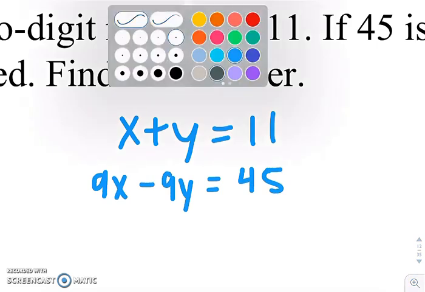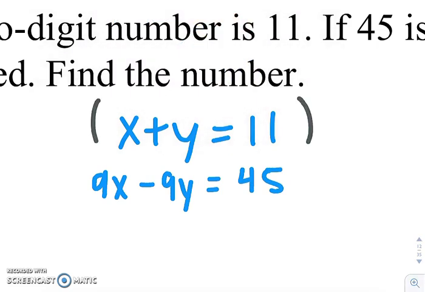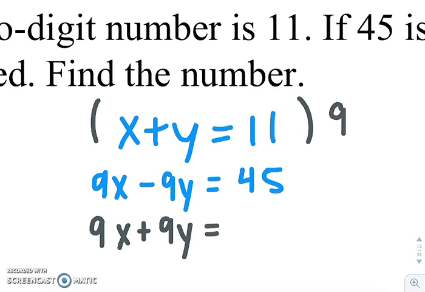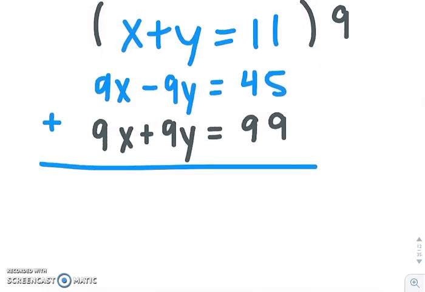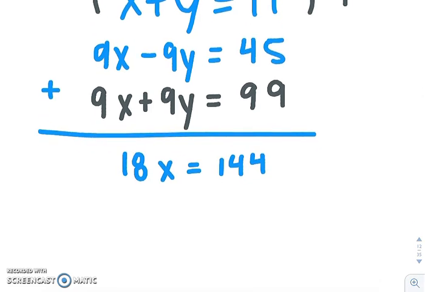I'm going to do elimination again and multiply this top equation by 9, and go from there. So we get 18x equals 144, which is 45 plus 99. Then divide both sides by 18. So one of your digits is 8.